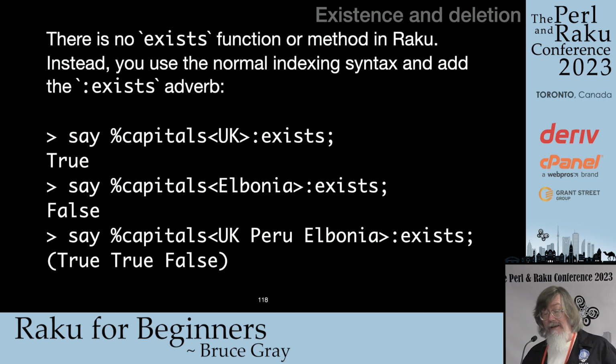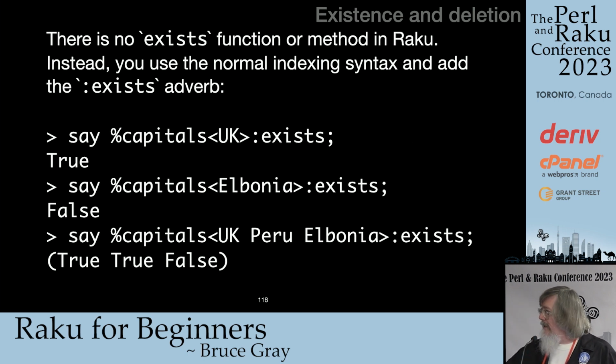Perl is cheating to define exists and delete the way it does. And they decided they did not want to be cheating in that way anymore in Raku. So, being linguists, they created adverbs.